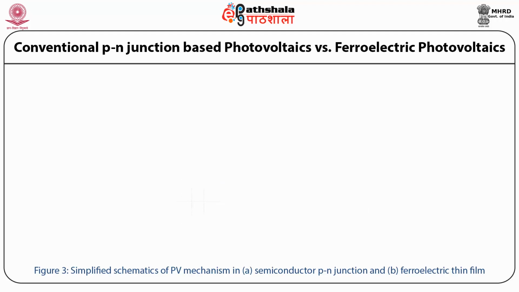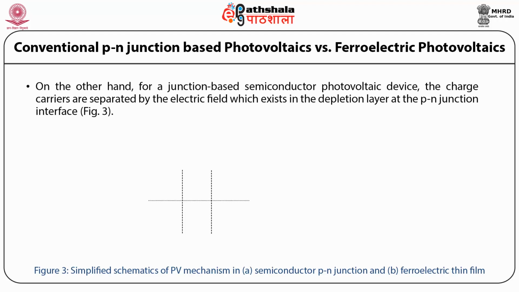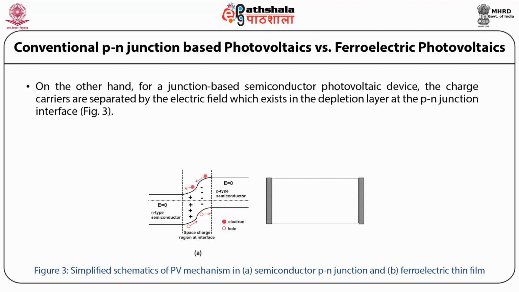The schematic of the photovoltaic mechanism, that is, the semiconductor p-n junction and the ferroelectric thin film, is illustrated in figure 3. On the other hand, for a junction-based semiconductor photovoltaic device, the charge carriers are separated by the electric field which exists in the depletion layer at the p-n junction interface. Thus, in ferroelectrics, the photovoltaic effect is a bulk-based effect, which is different from the junction-based semiconductor photovoltaic effect.